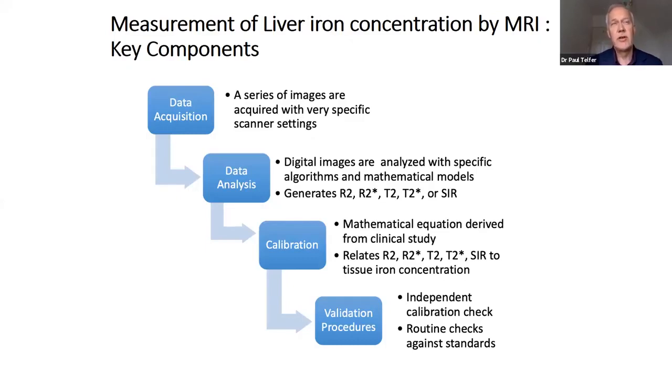But also, we know from various studies that the amount of iron in the liver is a good reflection of total body iron, so that monitoring of liver iron is a very good way of monitoring the success of chelation in reducing total body iron stores.